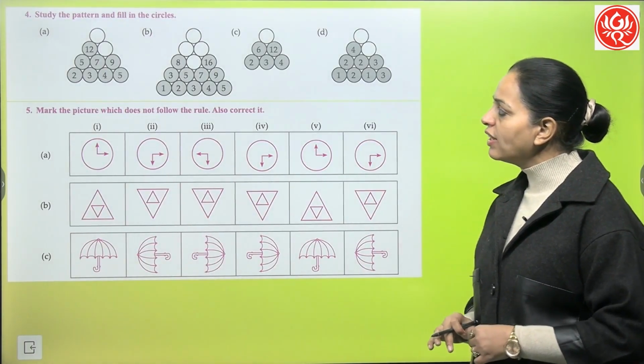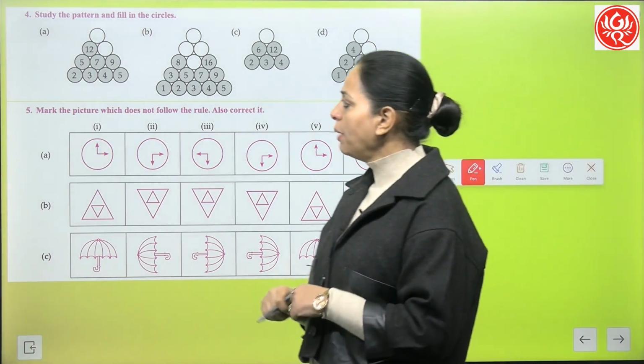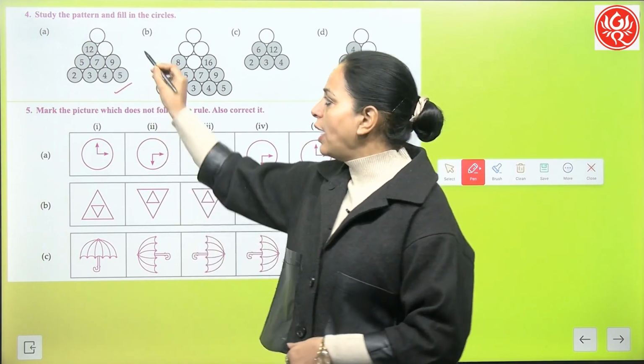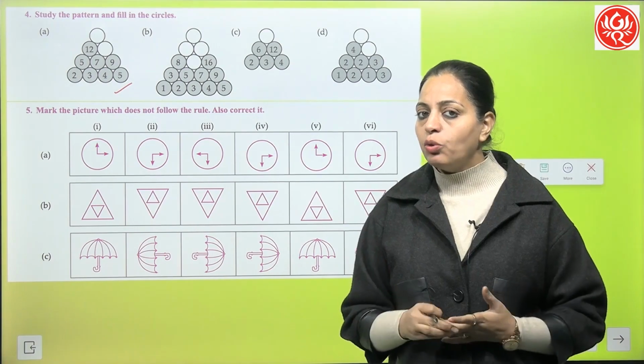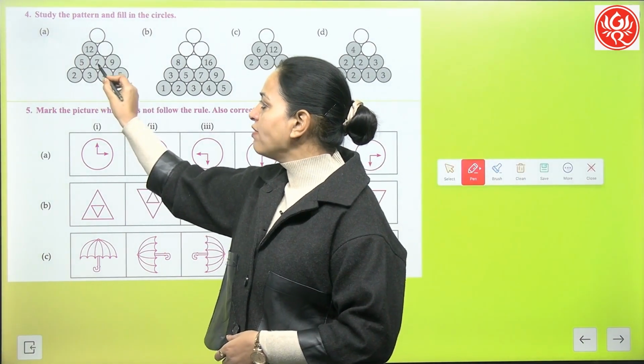Now the fourth one, study the pattern and fill in the circles. Now see A part, it's a triangle form, some numbers given and two numbers missing. So see how they are connected to each other. 2, 3, 4, 5. This is 5, 7, 9.